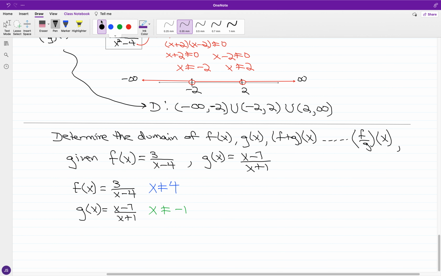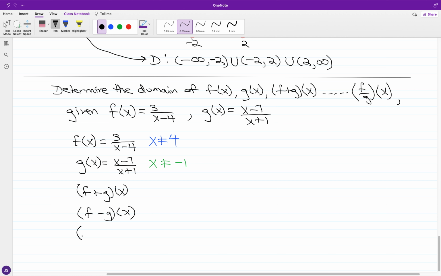All right. Now for the sum, difference, and product functions, and I'll throw in the quotient function as well. For the sum, difference, and product functions, I had to be able to work with f of x. So x cannot be 4.